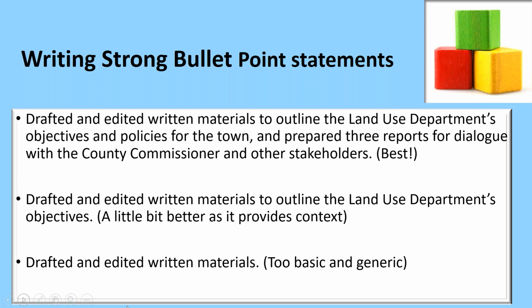So you can see the progression here from a very basic, generic bullet point statement to one that provides really what the person did, how they did it, has the quantifying information there about three reports, and the overall purpose was for this dialogue with the county commissioner and other stakeholders.